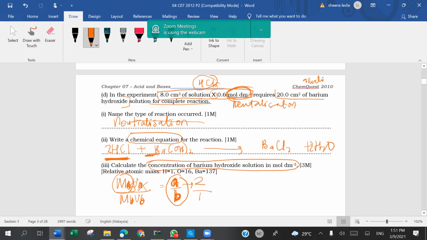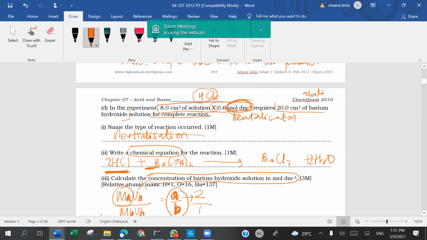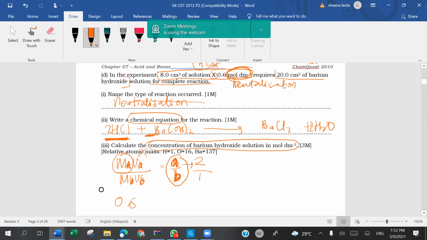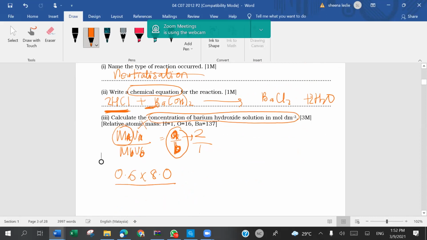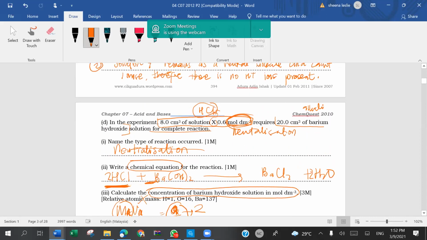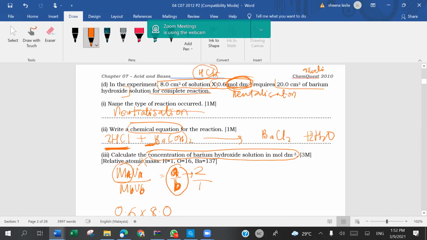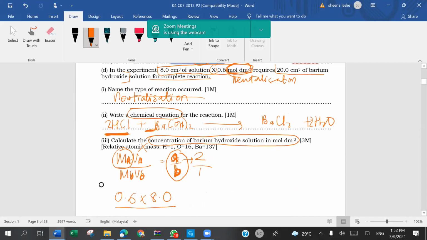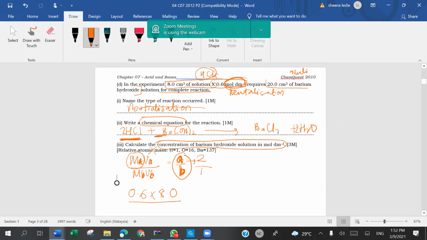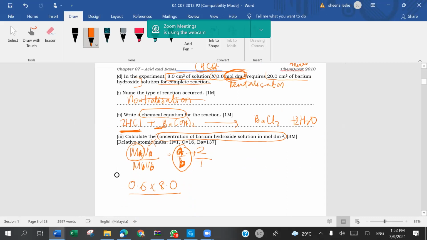Okay, what is my VA? Mardia, what is my VA here? 8.0. Very good. It is 8.0. Correct, it's already given in the question. Good job. Okay, I go to my MB. Naim, what is my MB? My molarity for barium hydroxide. What's my concentration for barium hydroxide?